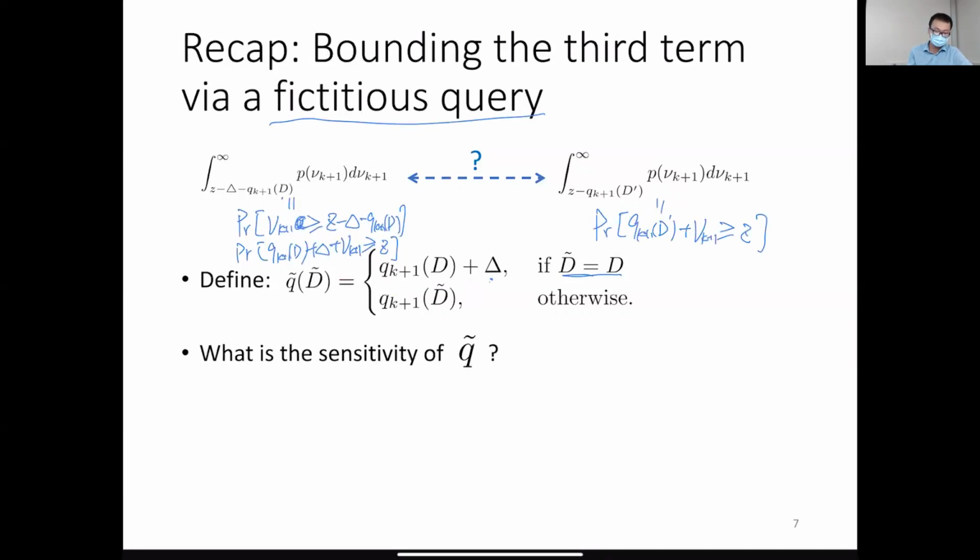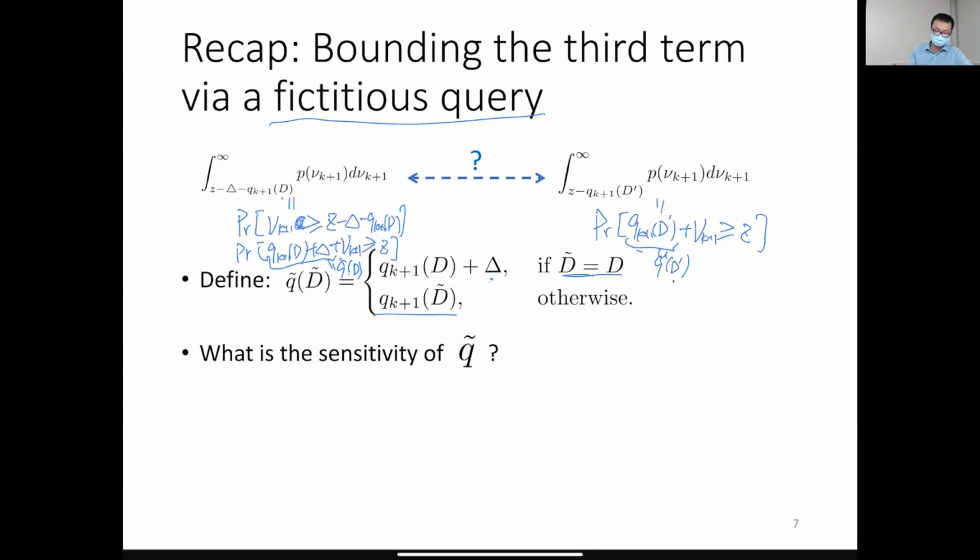And whenever D tilde is not equal to D, then we just output Q K plus 1 of D tilde. So this part of the expression, I can write as Q tilde of D, and this part of the expression, I can also write as Q tilde of D prime.